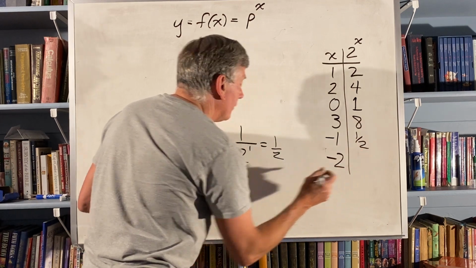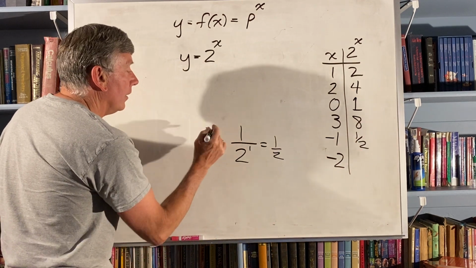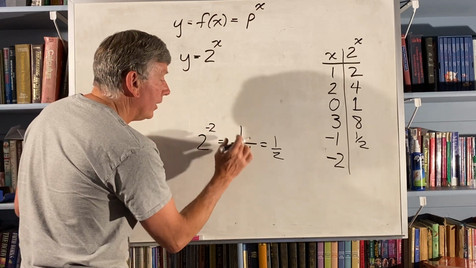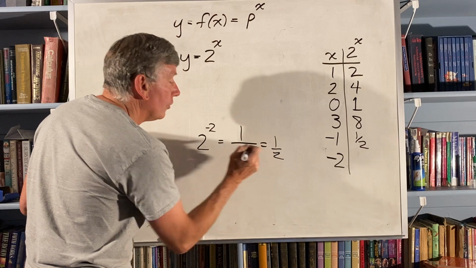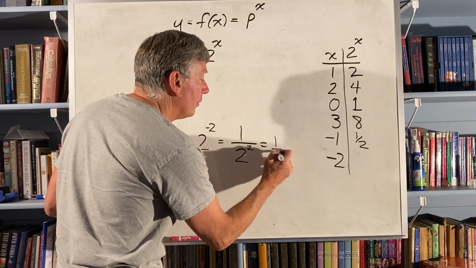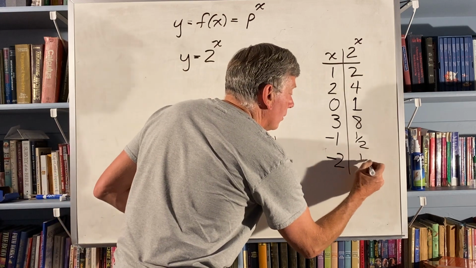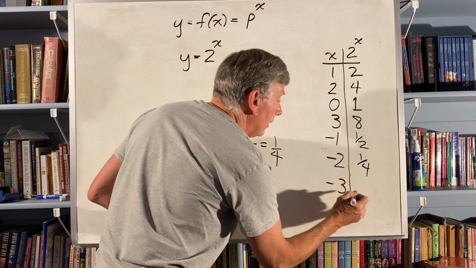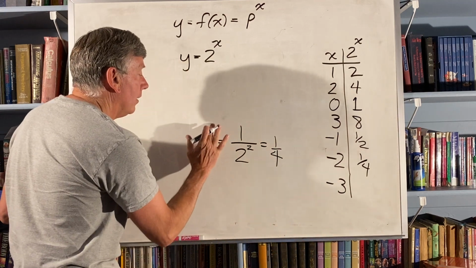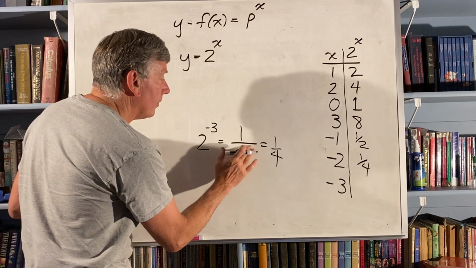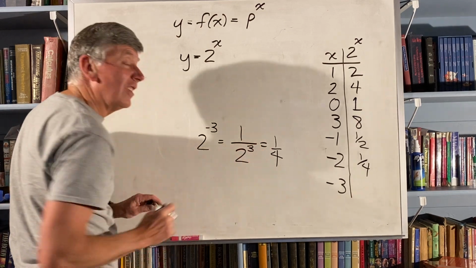When x is minus 2, 2 to the minus 2 power is 1 over 2 to the second power, positive exponent, which is 1 over 4. When x is minus 3, a minus 3 here makes it a positive 3 in the denominator.